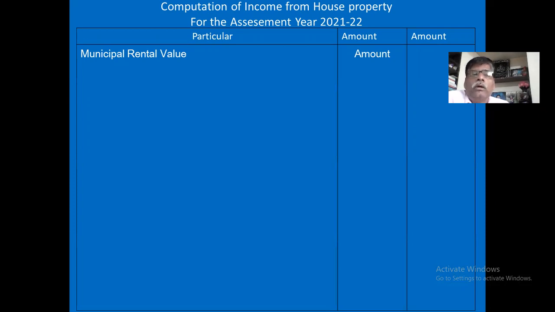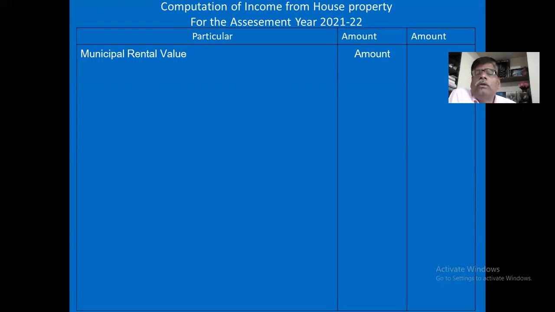Municipal value of house property. Municipal rental value means it is the valuation made by the municipal authority for the purpose of levying municipal tax on the house property. It may be by the Gram Panchayat or municipality or the city corporation that values the building.